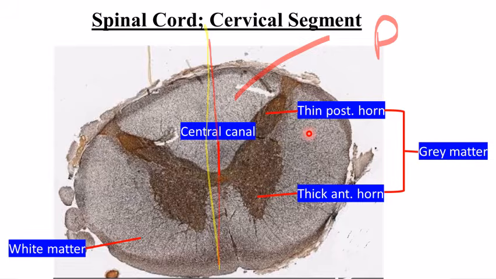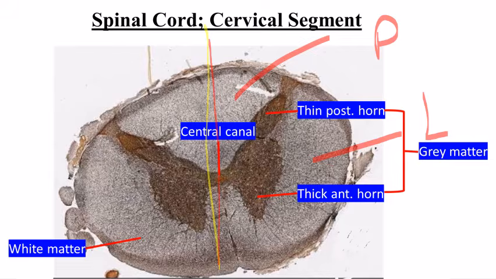Then we have the lateral column, present between the anterior horn and the posterior horn, that is, between the posterior column and the anterior column.